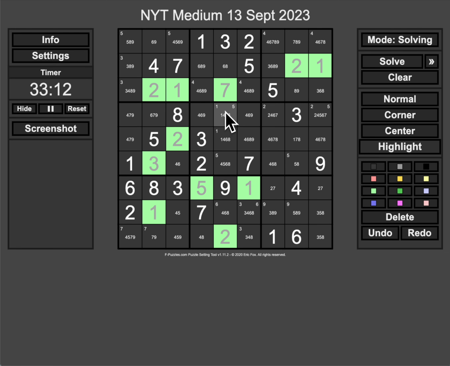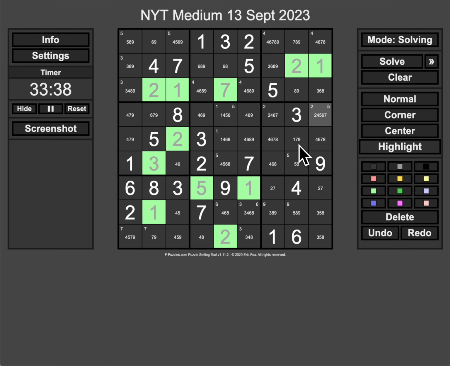Well, these 2 don't reduce 6 anywhere, do they? Neither of these are going to reduce an 8. Now 3, 4, 6 is here.